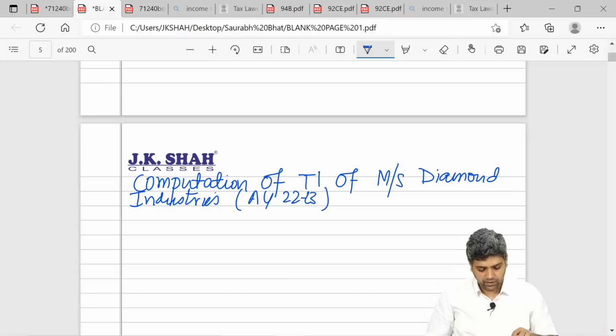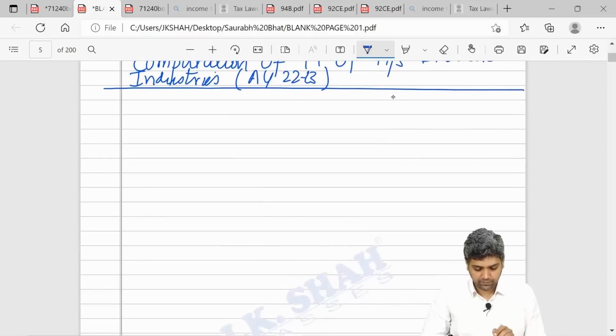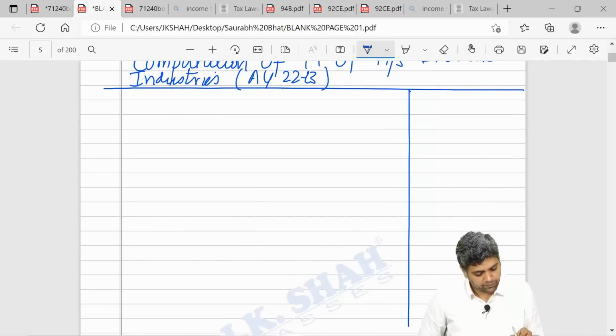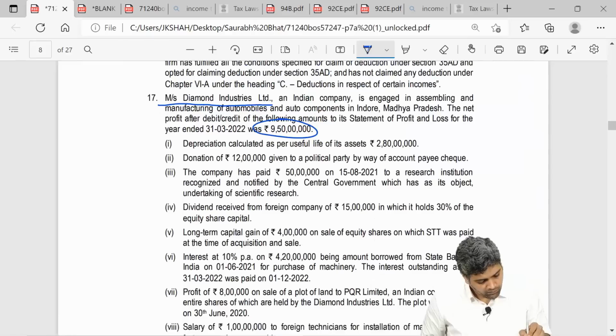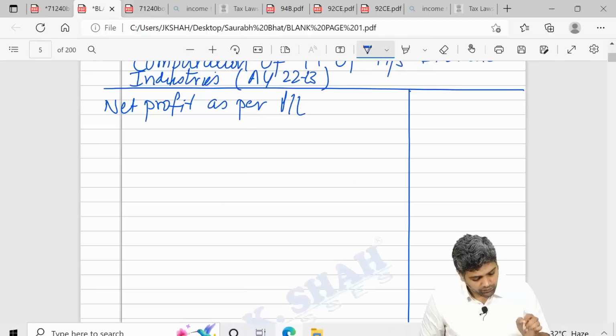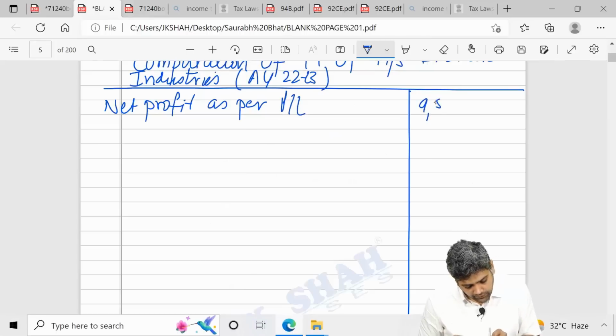So I will write down net profit as per P&L, ₹9 crore 50 lakhs.